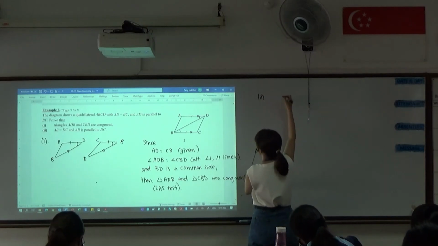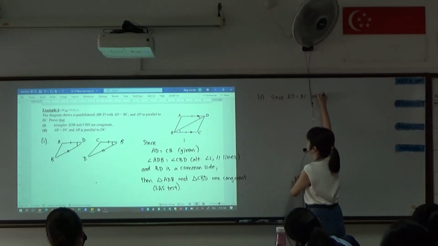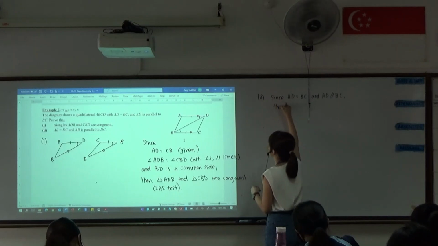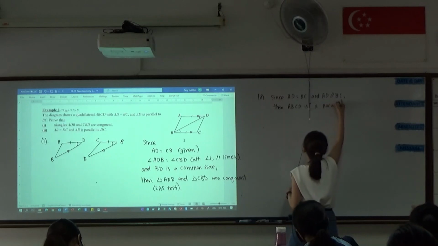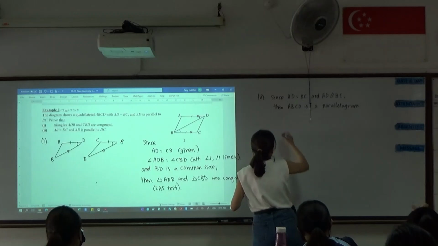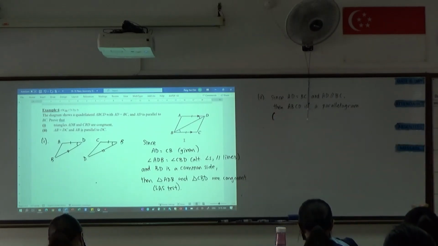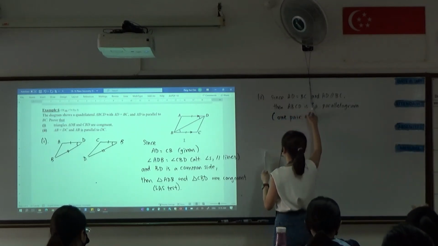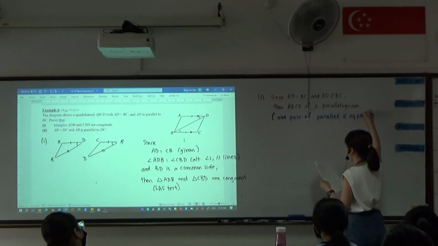So since AD equals to BC, while you need not write down any reason, I'm just going to state here for your own note-taking purposes that it is because of this condition.